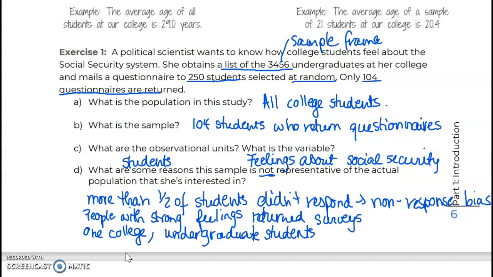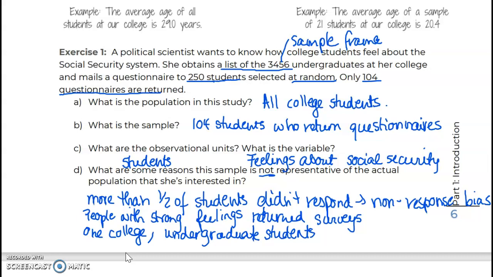Other questions may be, was her sample size big enough? And we'll get much more into that later on in the course. Maybe the type of questions that were asked were tricky questions. Maybe people were feeling it's kind of a touchy subject, so maybe there was some response bias depending on the wording of the question. Maybe there were people who didn't receive the questionnaires.